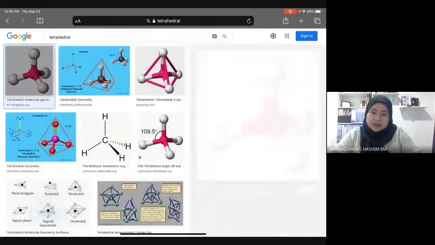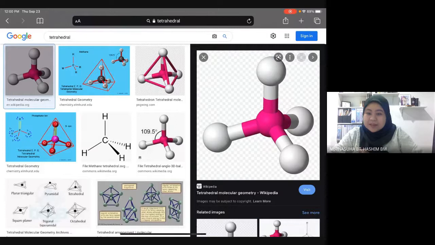Okay, you nampak tak? Dia macam ada 3 kaki kat bawah tu, then dia ada 1 yang kat atas. Madam panggil 3 yang kat bawah tu kaki ayam. So this is the shape for tetrahedral.